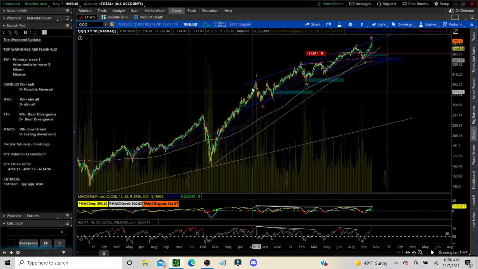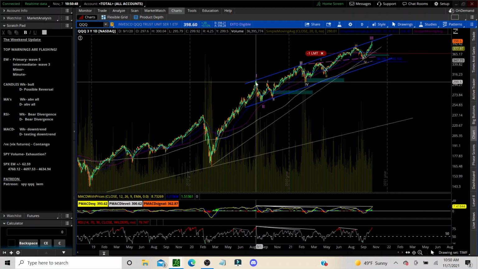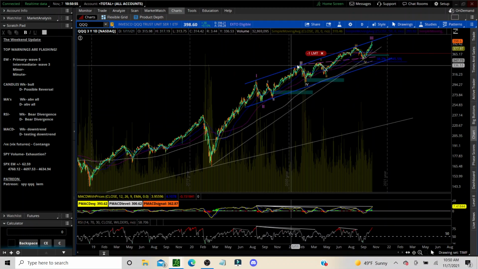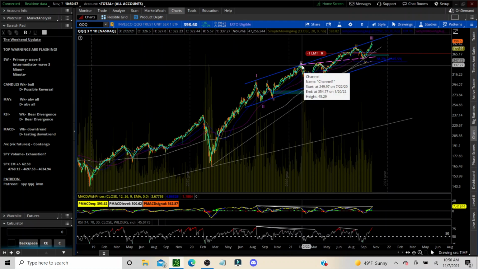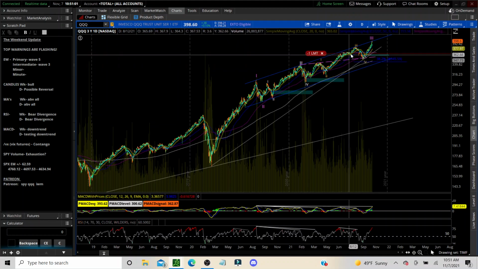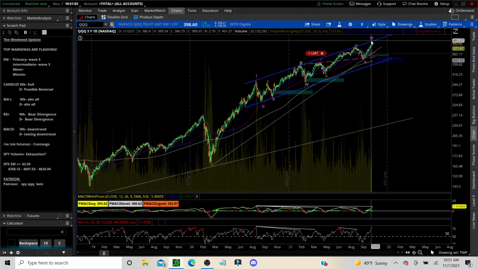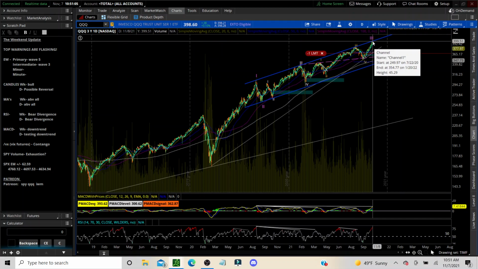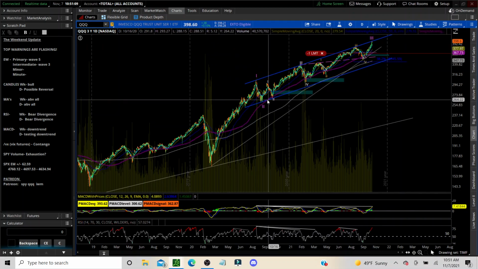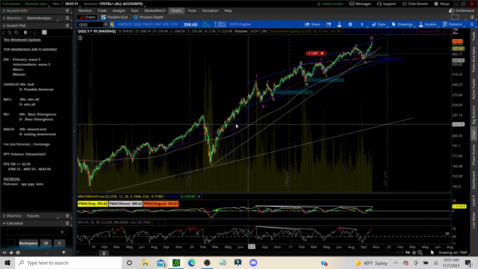Okay, so checking this out, this long-term channel from the top from September 1st or 2nd, I believe the top was right there. We had a touch here for a minor wave, for intermediate wave 3, minor wave 3, and now for a possible intermediate wave 3 here, primary on this time frame.